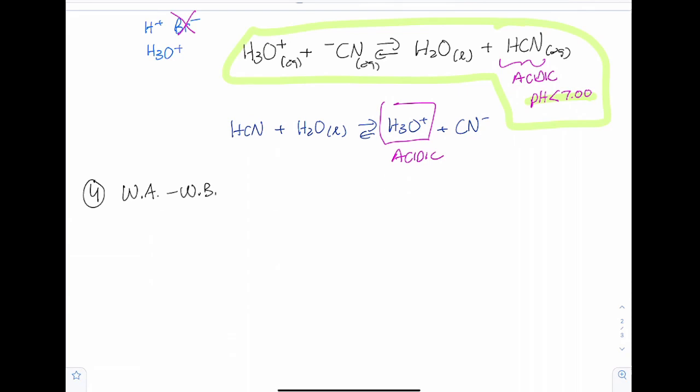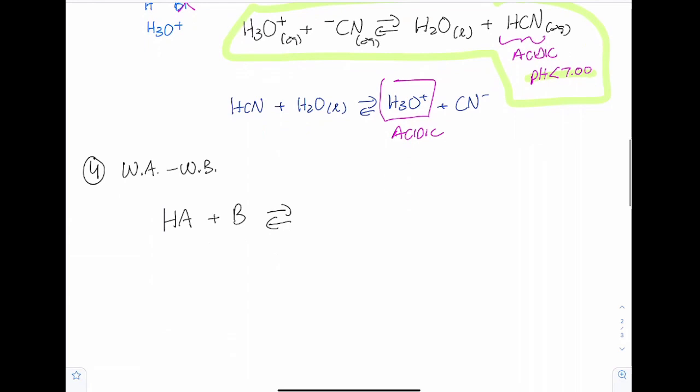So an example for this one, if I was to take HA, add it to B, I am forming water. I just have to write my acid with the hydronium ions. Actually, it might be easier to understand if we do a real example.